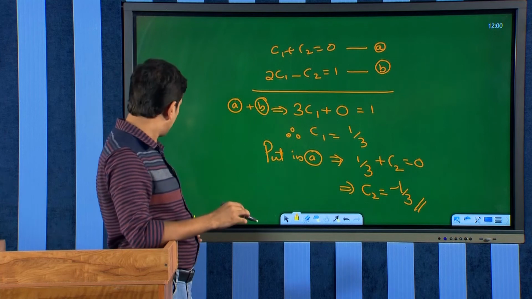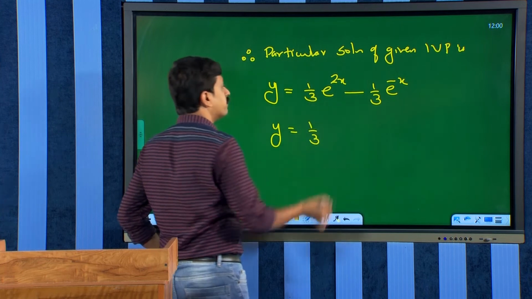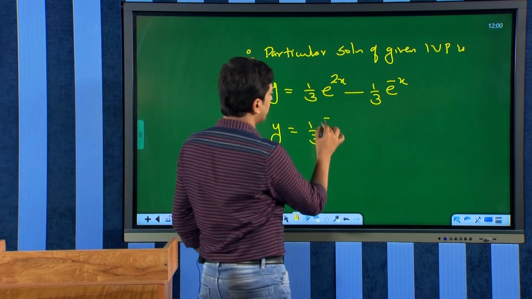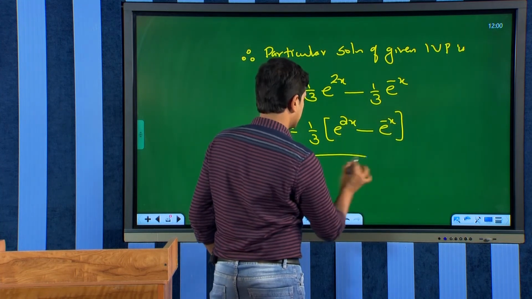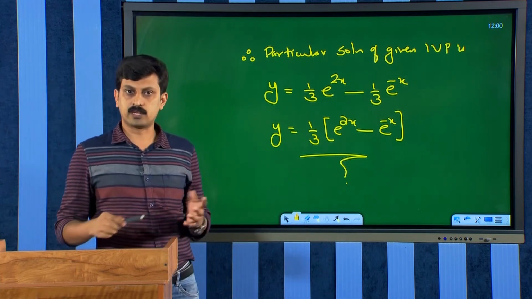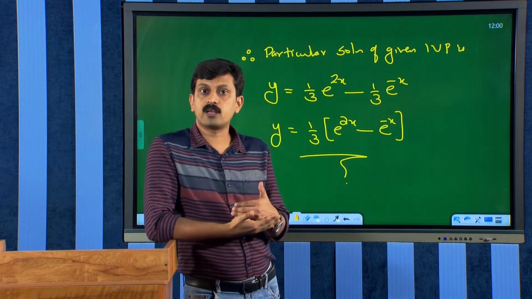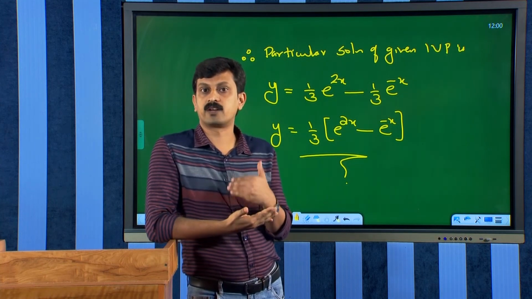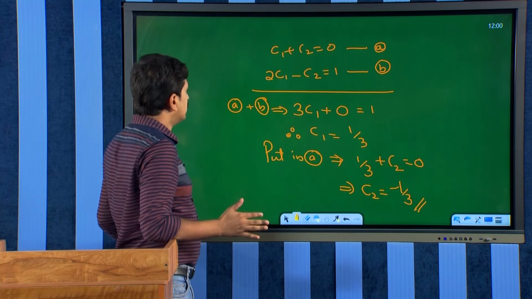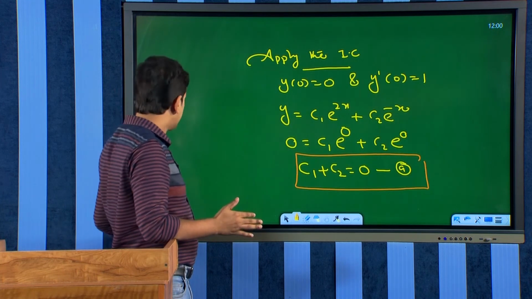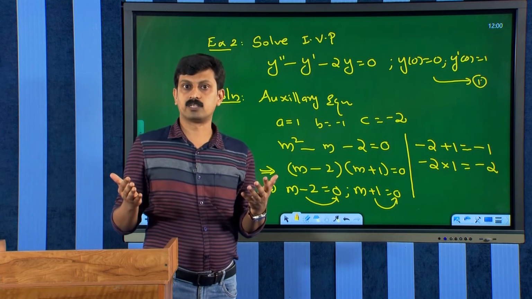So, we can write the particular solution as 1 by 3 into e raised to 2x minus e raised to minus x. That is all. While finding the solution of a second order linear homogeneous differential equation with constant coefficients, we write the auxiliary equation and find its roots.